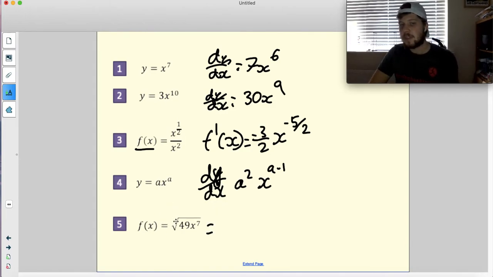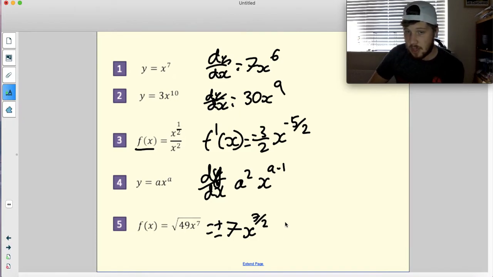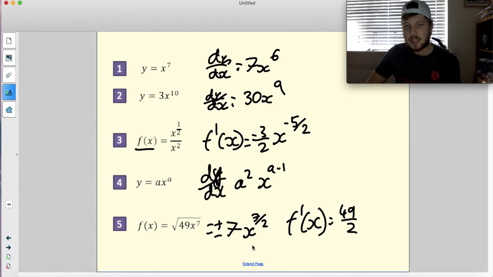So by introducing that, the square root of 49 would give me a 7, x to the power of 7 over 2. Now when I differentiate this, 7 over 2 multiplied by 7 is going to give me 49 over 2, and x to the power of 7 over 2 subtract 1 is x to the power of 5 over 2.